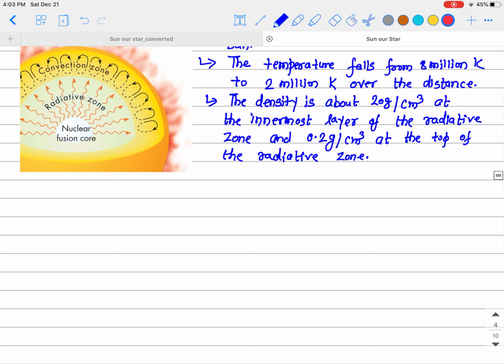So the photon or the energy which is produced in the core first passes through the radiative zone, and for the photon to reach from this point to this point, it almost takes a million years just to cover the distance.